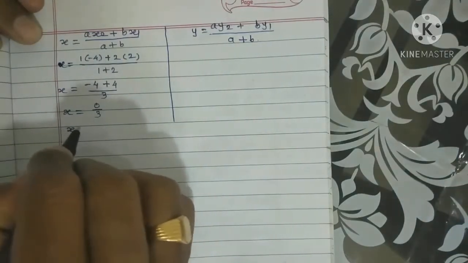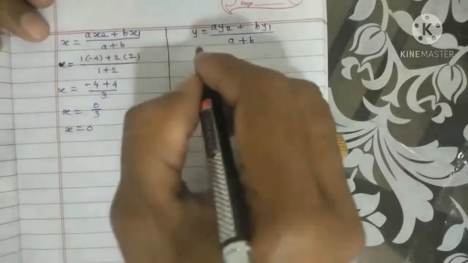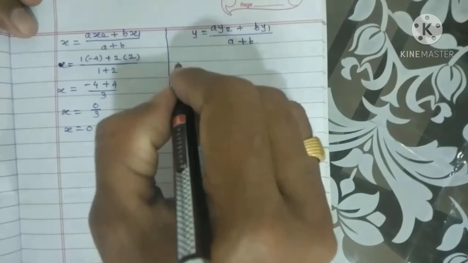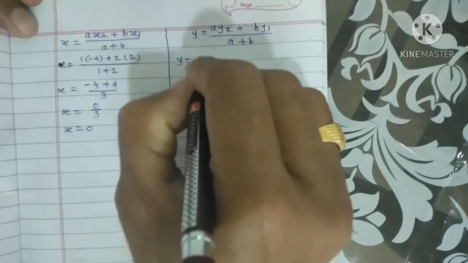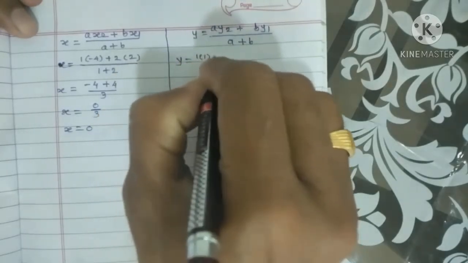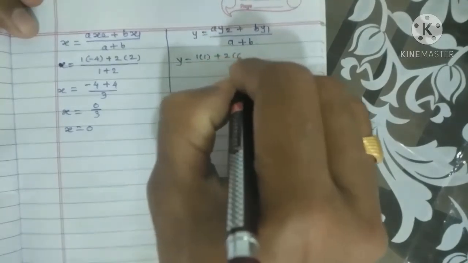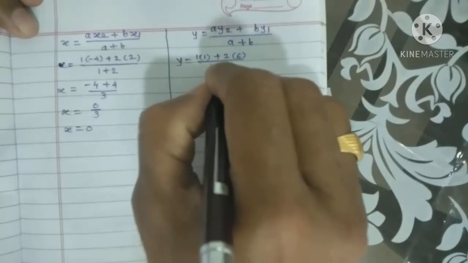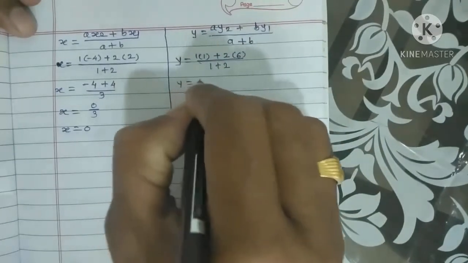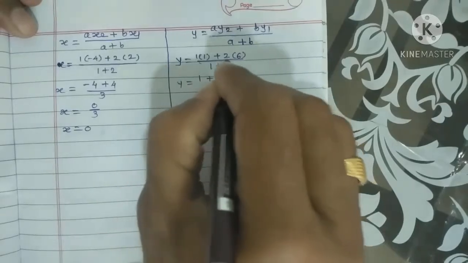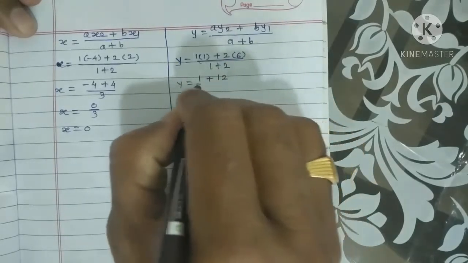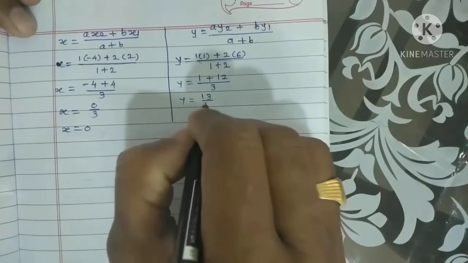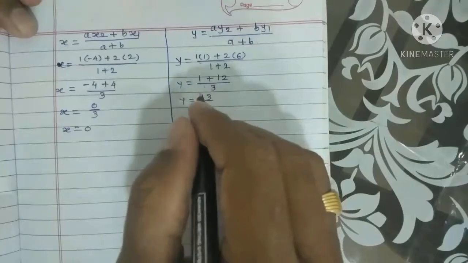In the same way for y, y is equal to 1 times 1 plus 2 times 6 upon 1 plus 2, so y is equal to 1 plus 12 upon 3, y is equal to 13 upon 3.